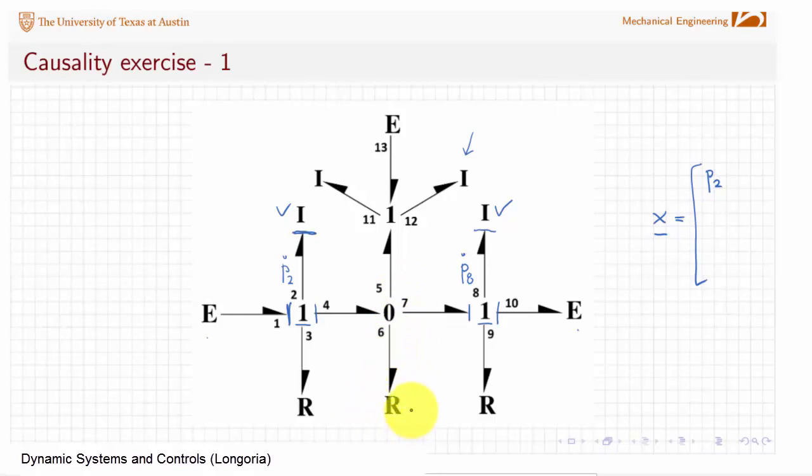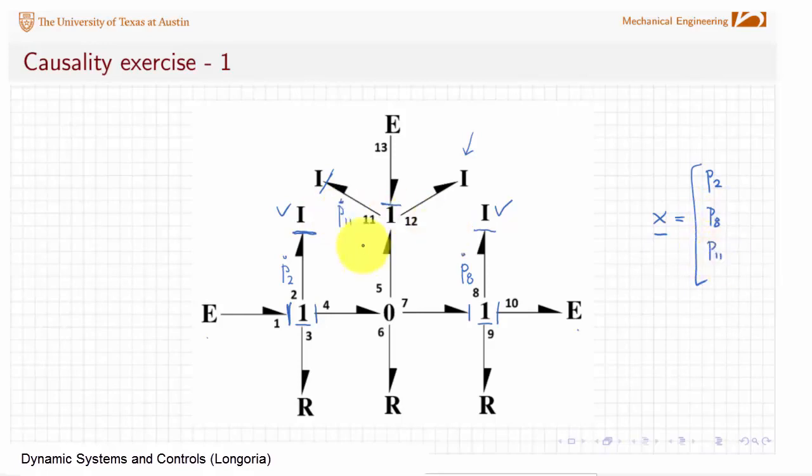Or, again, I do not specify that causality yet. I need to go to my next source. Effort in, 1. So now I go to one of these I elements. Let's go to this one. So it's P dot 11. Right? So actually P8 is my second state, and so is P11.